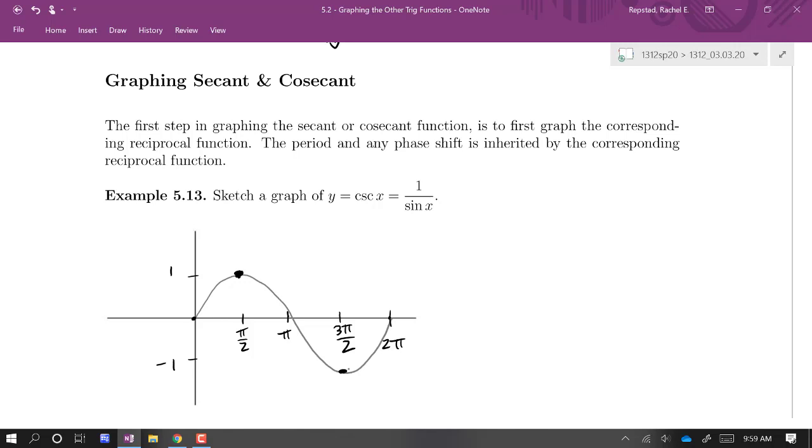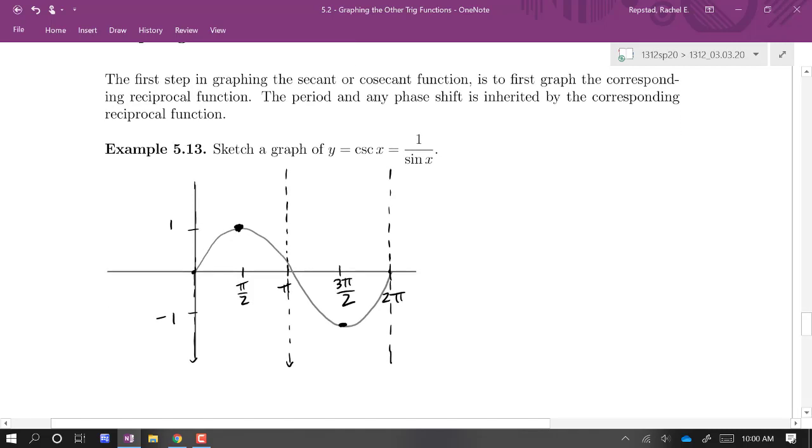The numerator is fixed at 1, the denominator is getting close to 0. That means it's going to blow up. So I have asymptotes at any value that makes sine equal to 0. That means the y-axis, x equals pi, and x equals 2 pi are asymptotes.